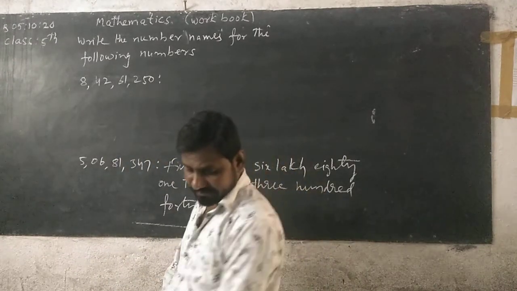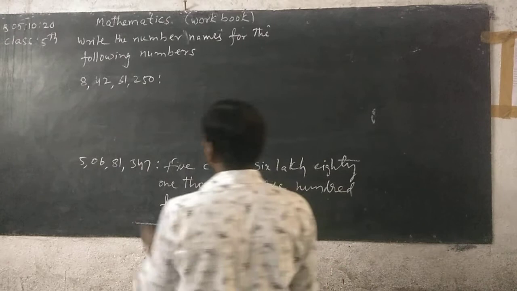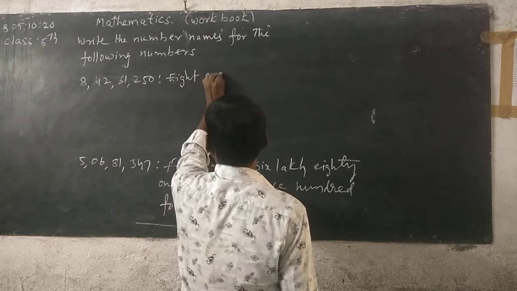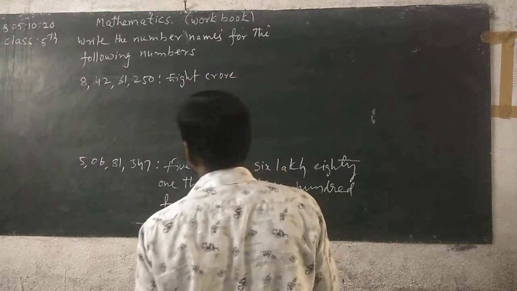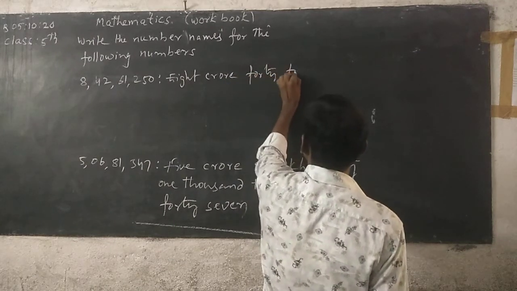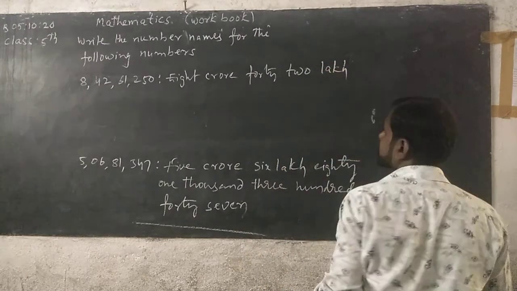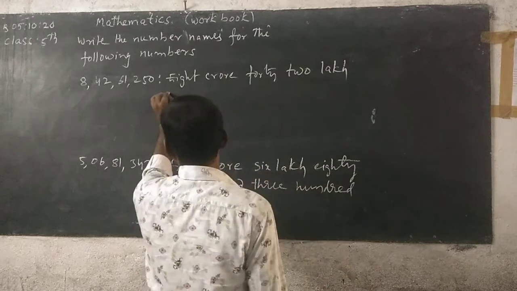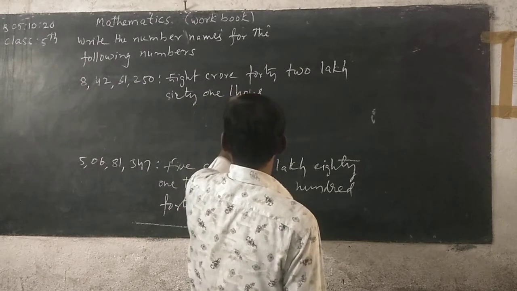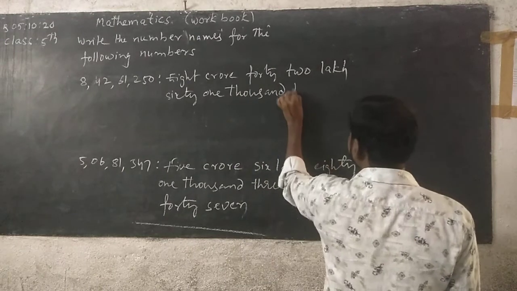See here, eight crore 42 lakh 61,000, two hundred fifty.